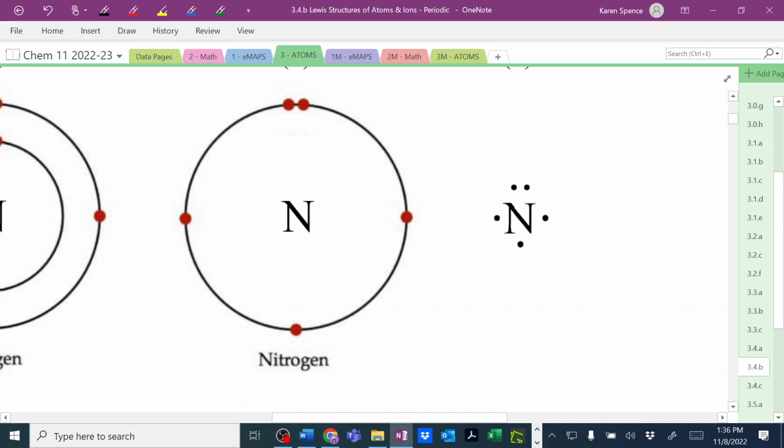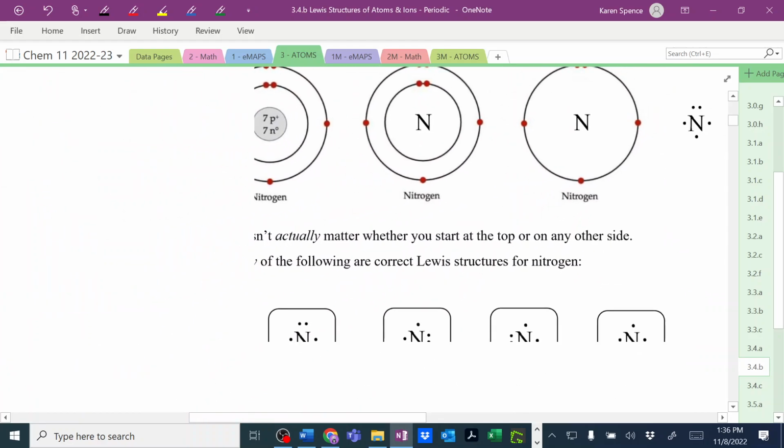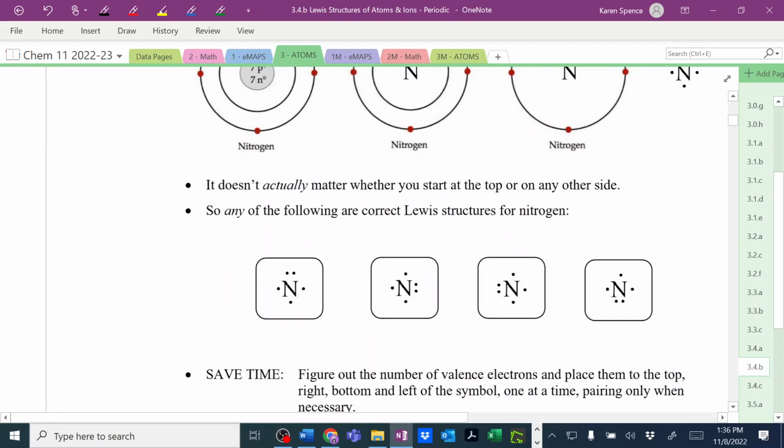But do you remember we went through the periodic table and we said we know how many valence electrons are in group 1? How many valence electrons are in group 1? 1, okay, thank you. Right, so if I have lithium, which is in group 1, I put 1 electron on it.